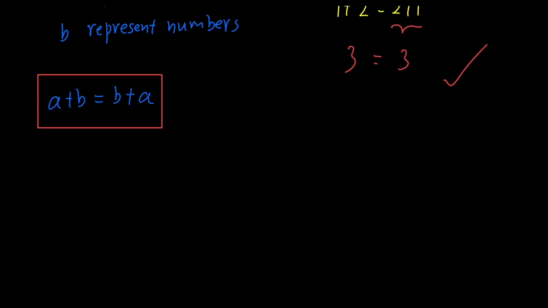But what if I also have two numbers? Let's say I have 2, but this time I want to multiply by 4. It will give us 8. What if right now I want to change the order of these two numbers? Like 4 times 2.